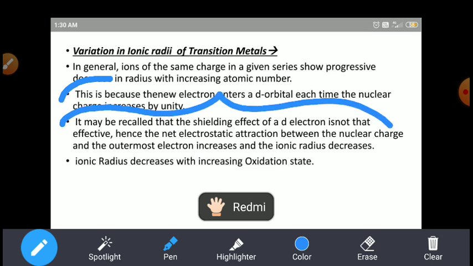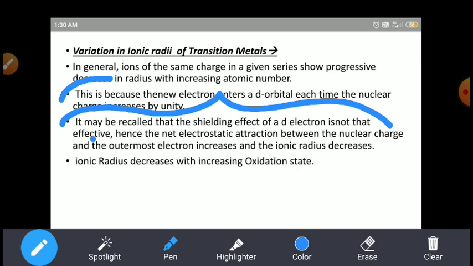The shielding effect of the d orbitals is not effective. In the ionic state, the shielding effect is not effective because the nuclear charge is strong, with a high number of protons and fewer electrons.